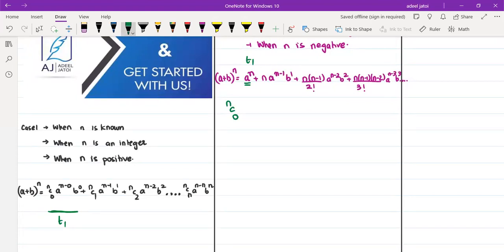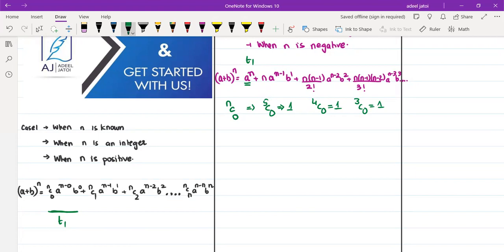So nC0, that means anything, if I say 5C0, this will be 1. If I say 4C0, this will be 1 as well. If I say 3C0, this will be 1. So nC0 is basically 1. That is the reason in the other formula we have a^n only, because the first term has power 0, so a^n is multiplied by 1.